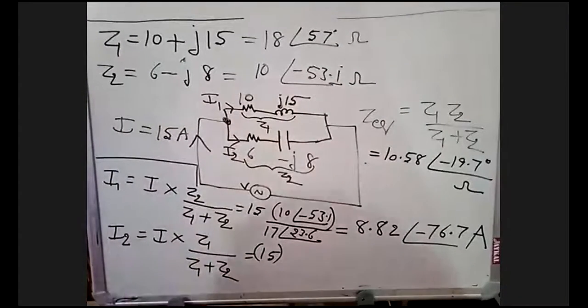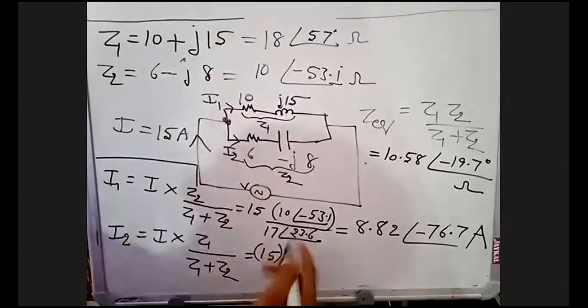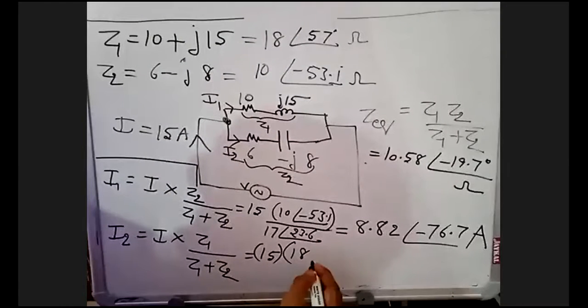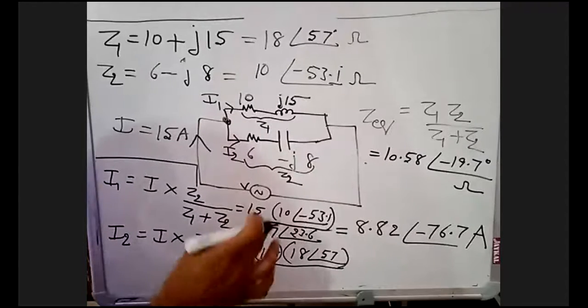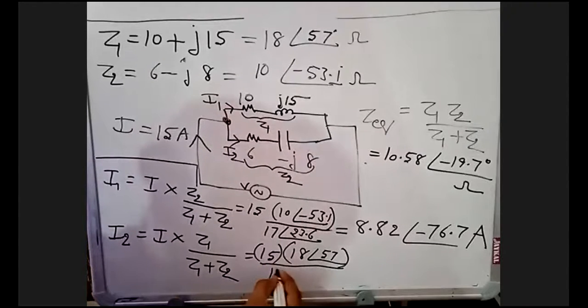Now I am calculating I2. What is Z1? We have already calculated Z1 plus Z2, that is 17 at an angle 23.6. Now tell me this value: 15 into 18 by 17.